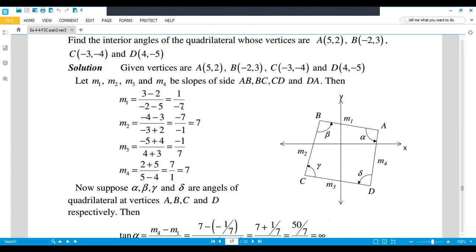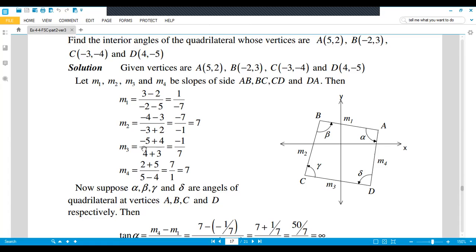Now we have to find the slope of BC. We take the vertices B and C, that is (-4 minus 3) divided by (-3 plus 2). So we get minus 7 over minus 1, which is equal to 7. This is slope m2, the slope of BC.